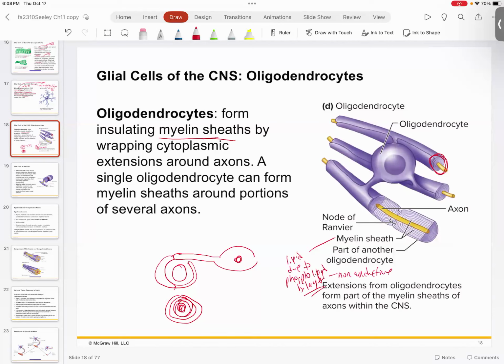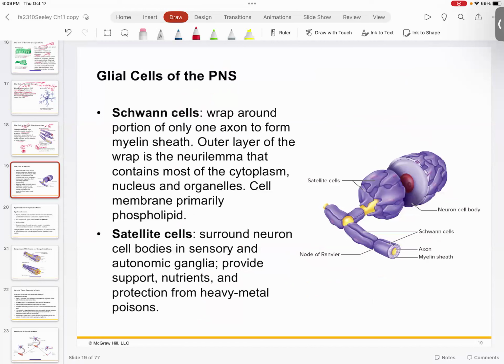So it forms insulation around these axons, but oligodendrocytes are only found in the central nervous system. These will cover myelinated axons and myelinated neurons. There are a lot of central nervous system neurons, however, that do not have myelin, so they're unmyelinated.